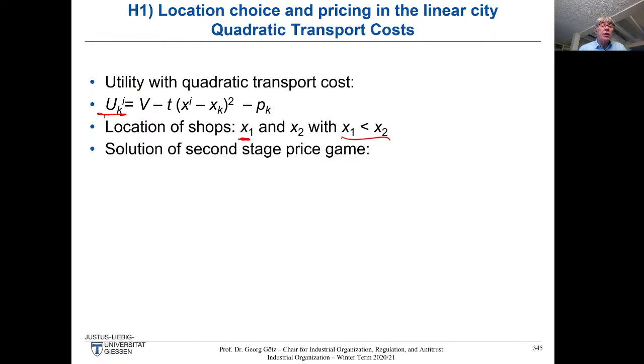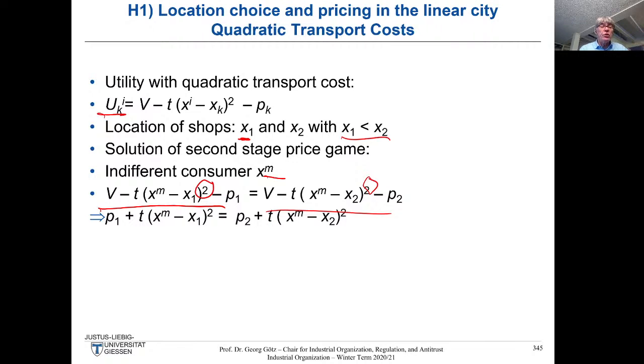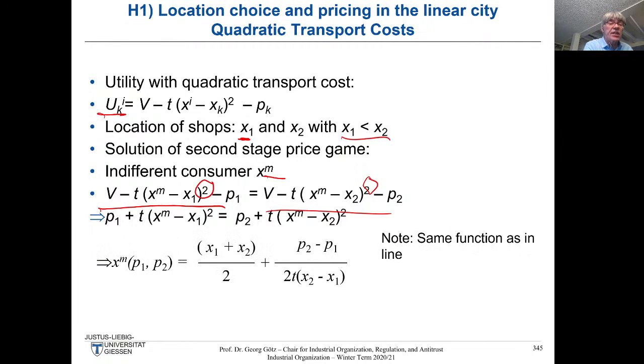And now we get to our solution of the second stage price game. Given some locations of firm 1 and firm 2, we can again derive the indifferent consumer exactly the same way as we did it. The only difference here is these squares instead of the absolute sign, and we get xm is equal to this condition here.